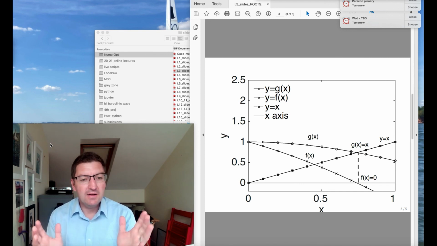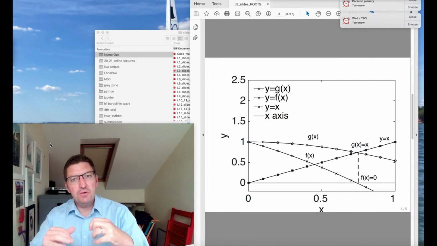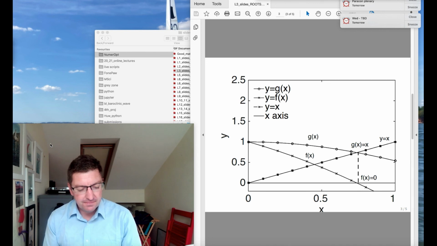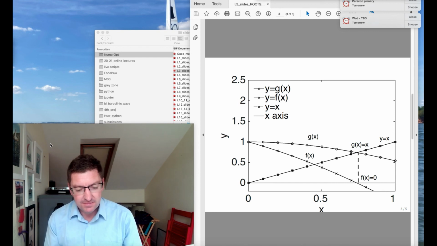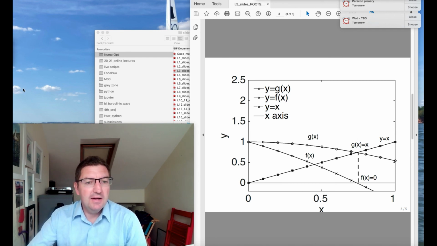So again, these should be familiar methods from last year, but hopefully we're going into more detail in order to really emphasize the principles of numerics, the principles of convergence, the principles of robustness, and that will carry forward into all the other methods we'll look at this year. Okay, so I'm going to stop there and I'll restart with some more fixed point and some more MATLAB next time.